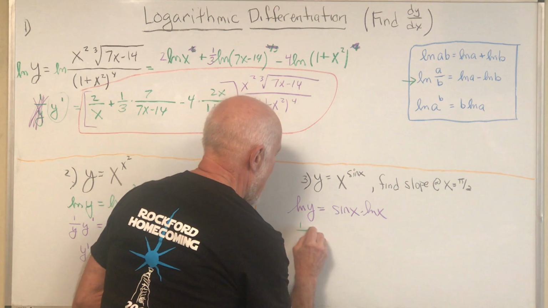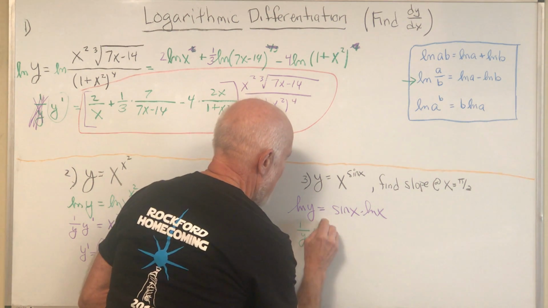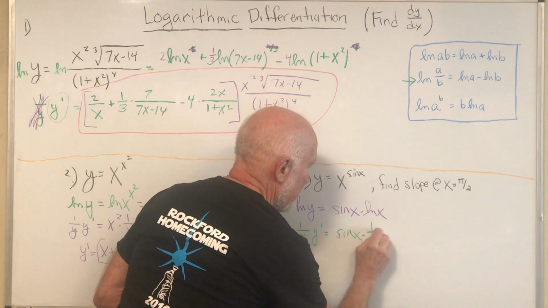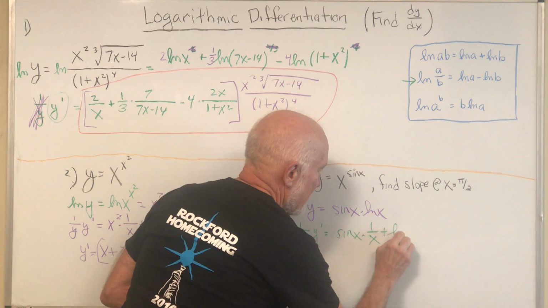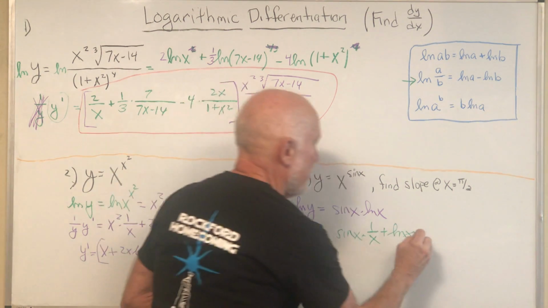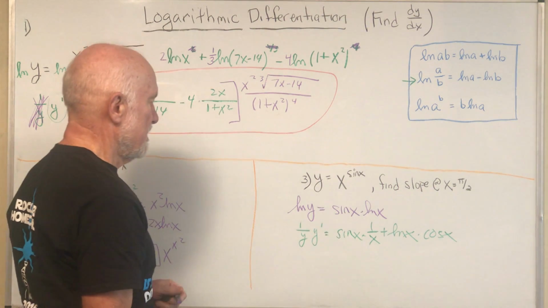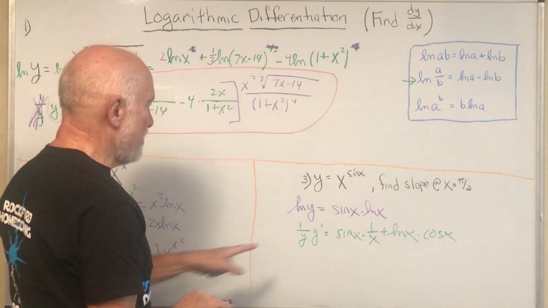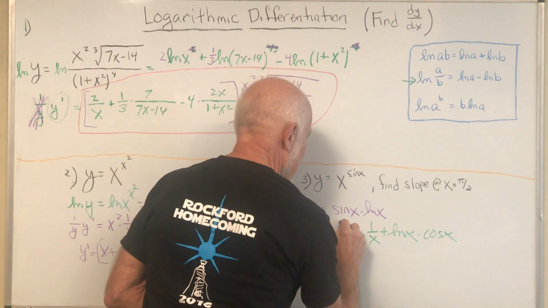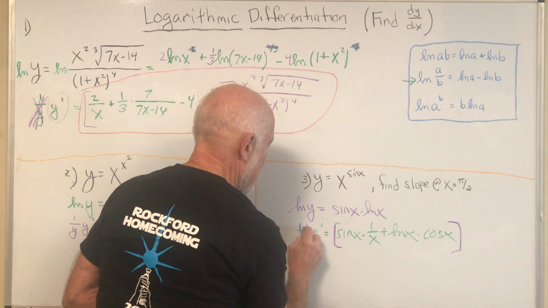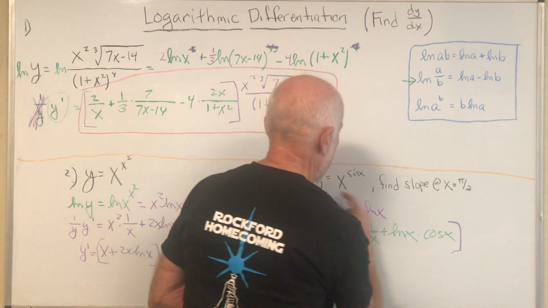So 1 over y prime equals the first times the derivative of the second plus the second function times the derivative of the first. And then we can multiply both sides by y. And we've got our answer.